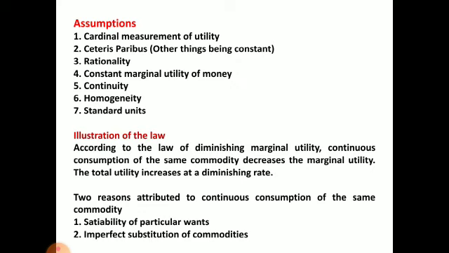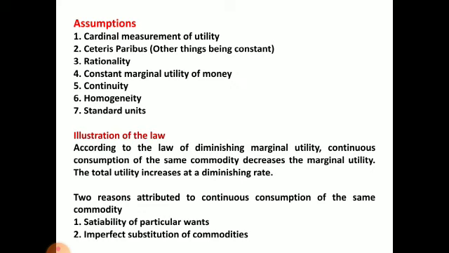If the units are not homogeneous, the law will not hold good. For example, if the first orange consumed is sour and the second one is sweet, the law will not operate.